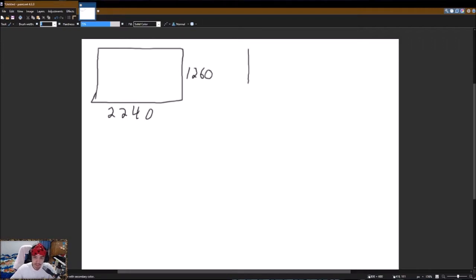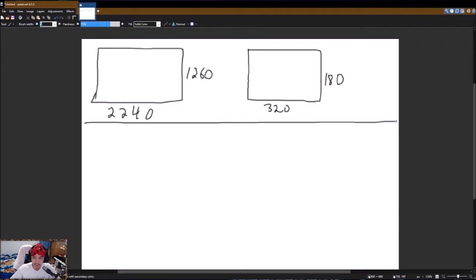I also found Madeline's position coordinates and what they were restricted to, which is 320 by 180. Now using these two dimensions, because mouse coordinates aren't very useful, how would I convert the mouse coordinates to Madeline's position coordinates?